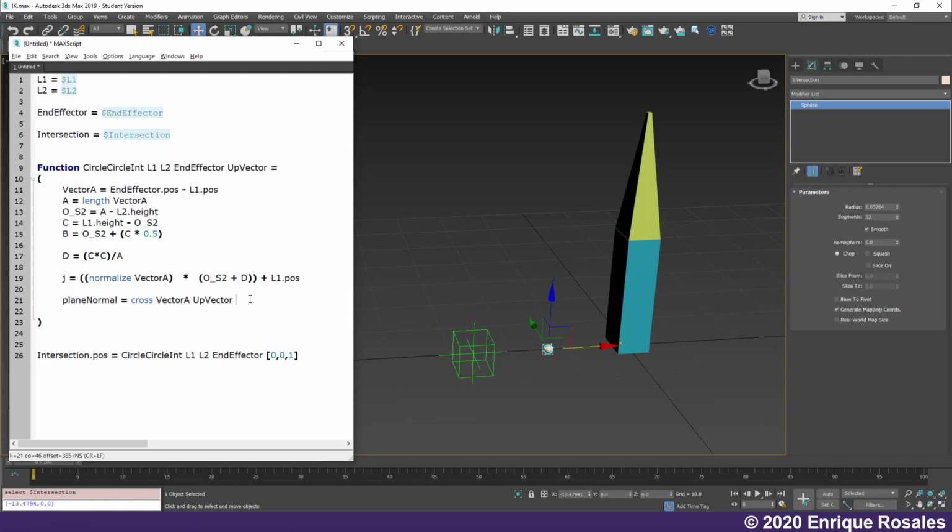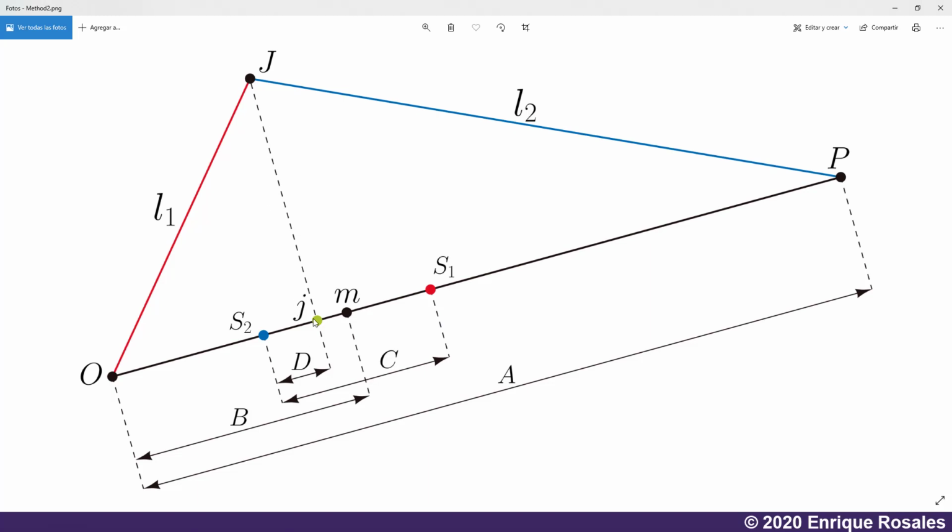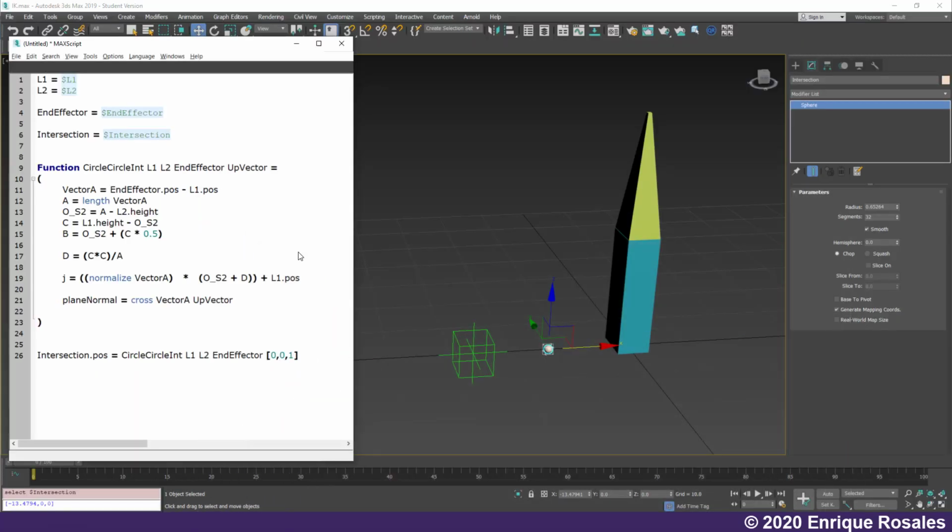Good. Now I need to get this vector right here. I already have a vector that is pointing out from my monitor and is orthogonal to this plane, and now I need to compute this vector. Again using the right-hand approach, it needs to be the normal cross the vector A. I will call it J vector.